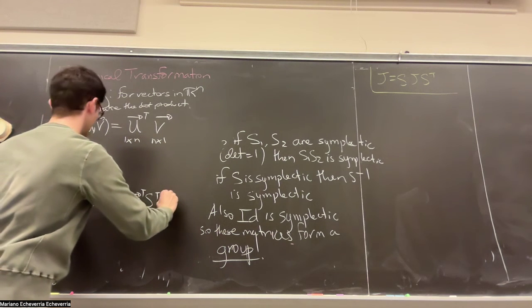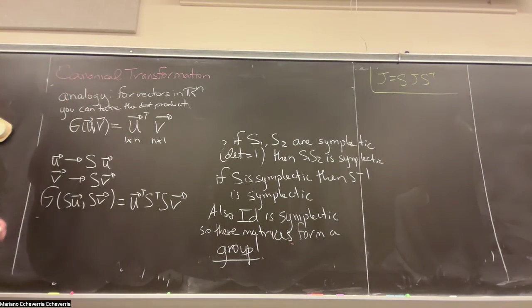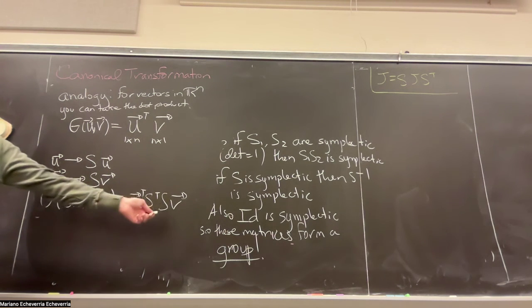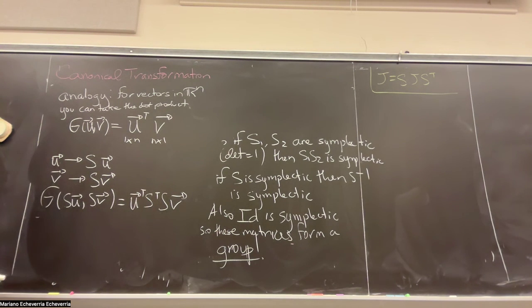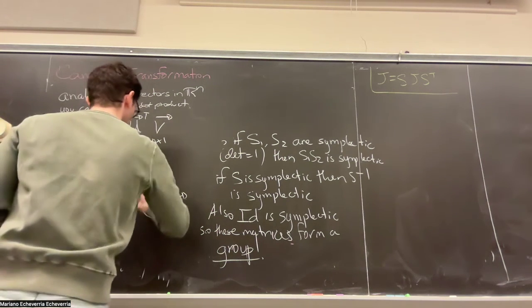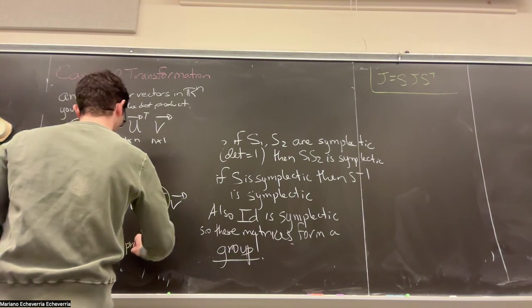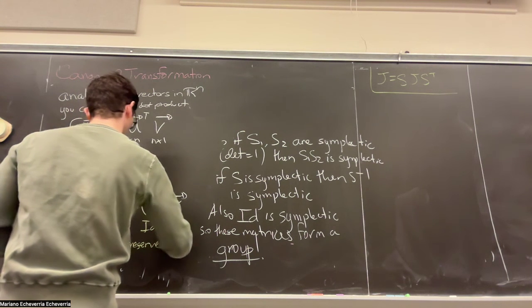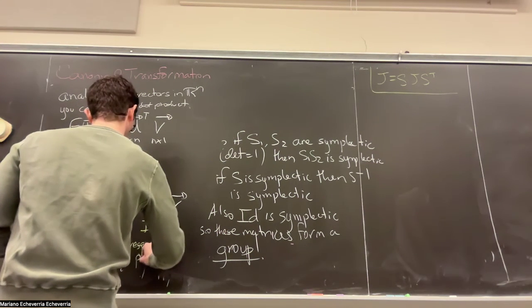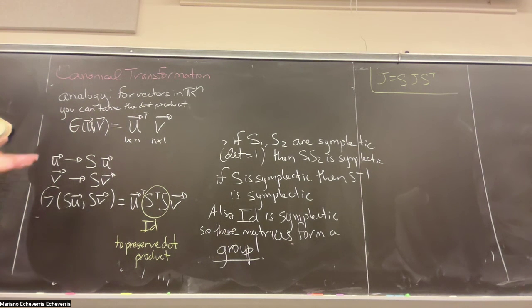So in order to preserve the dot product, you need S transpose S to be the identity, which is the definition of an orthogonal matrix. So you can think of the orthogonal matrices as being those that preserve the metric.